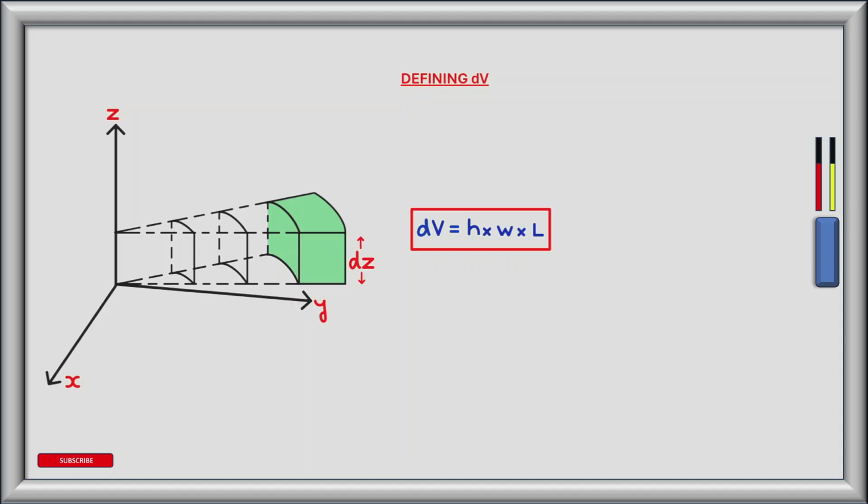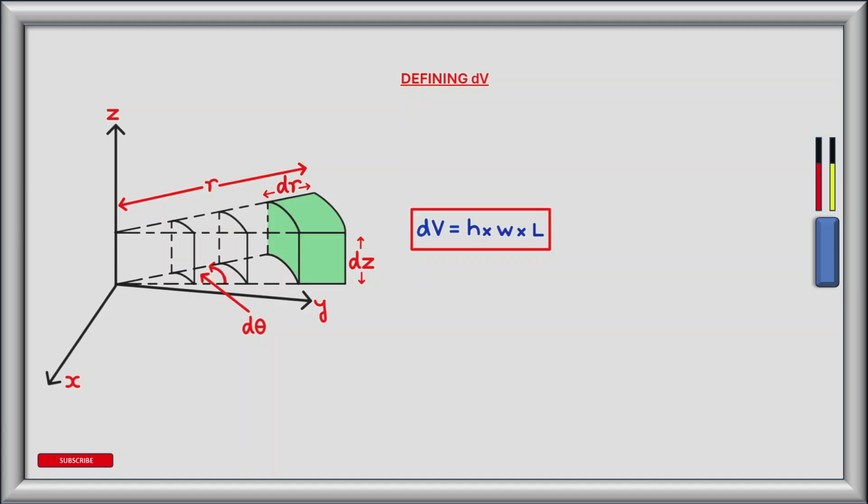We can see that the height is along the z-axis, and it's an infinitesimally small piece of z represented by dz. The width of the box lies along the radial distance r and is an infinitesimally small piece of r represented by dr. And the length lies along the arc of the circle and is infinitesimally small. Now the arc length of a circle is given by the radius multiplied by the central angle theta.